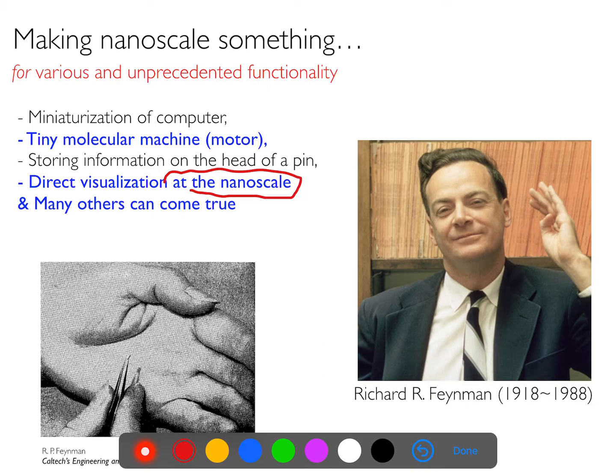That also can be basically achieved through self-assembly technology, so we're going to see that in this chapter. As well as building tiny molecular machines and super resolution optical microscope technology, many other things also can come up with this self-assembly technology.